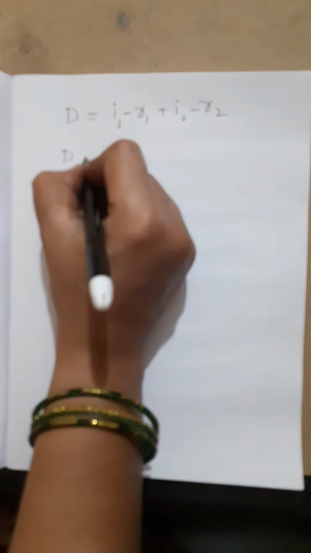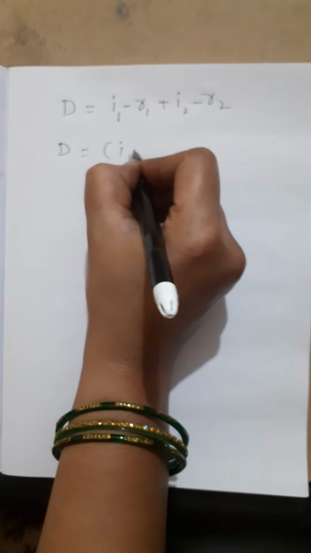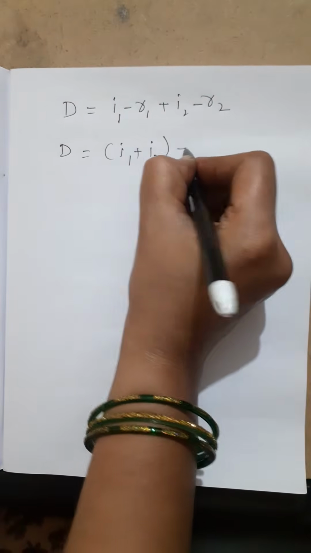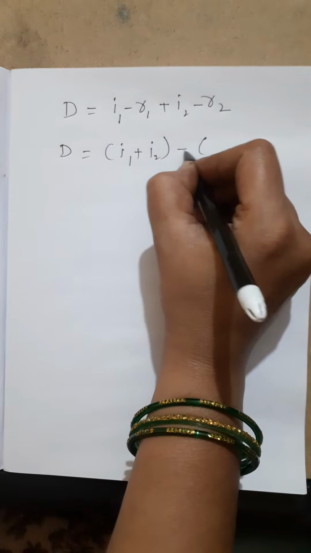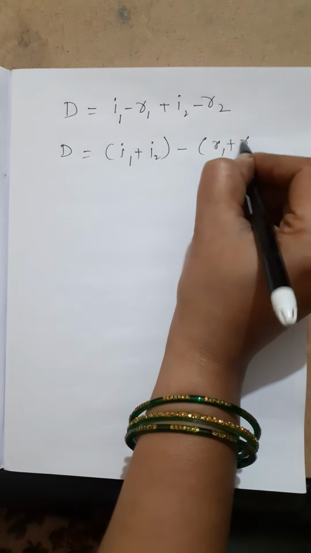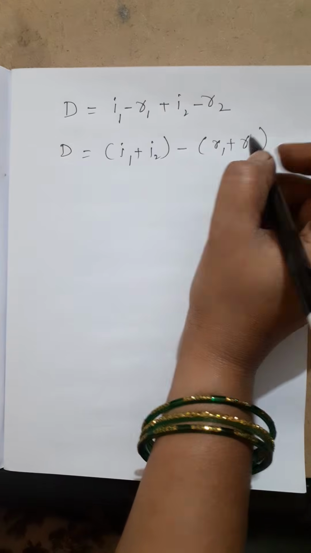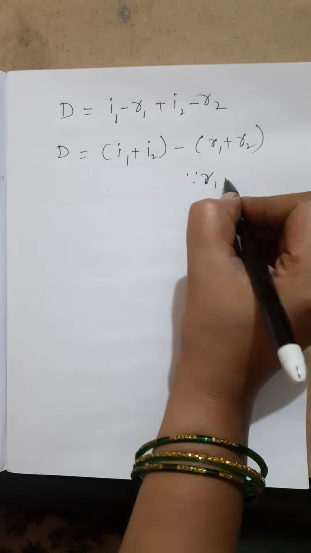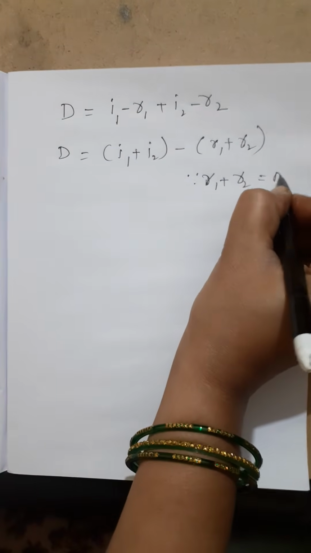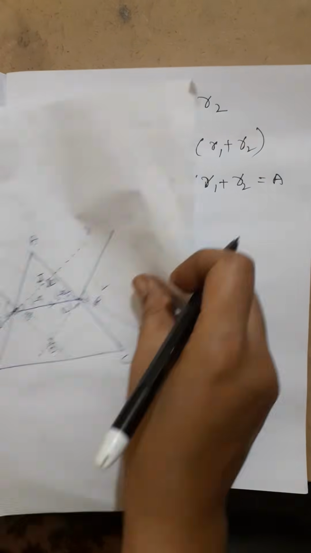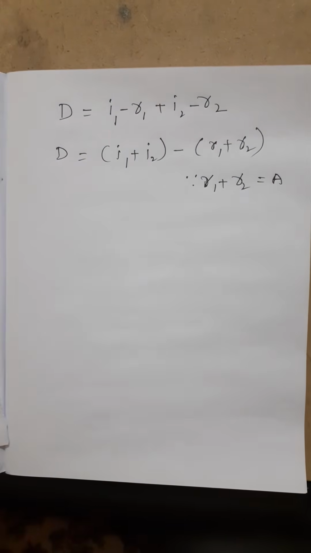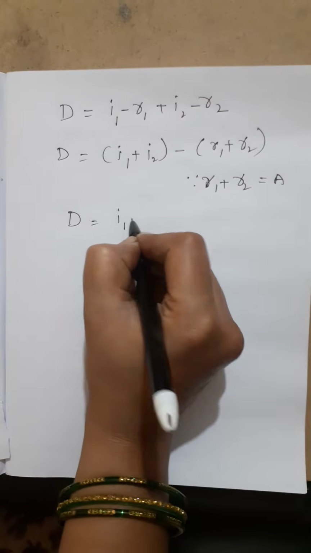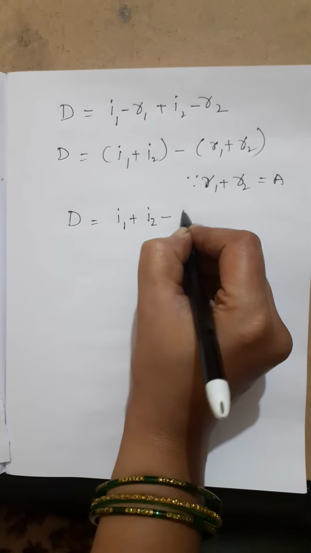Now D is equal to I1 plus I2 minus, if you take out common, R1 plus R2. Now we know that R1 plus R2 is equal to the angle of the prism A. So this can be written as D is equal to I1 plus I2 minus A.